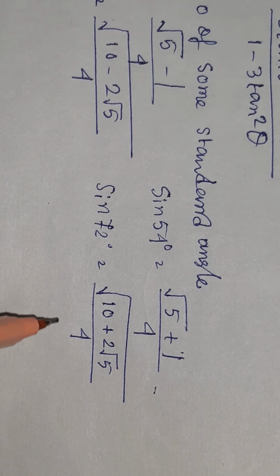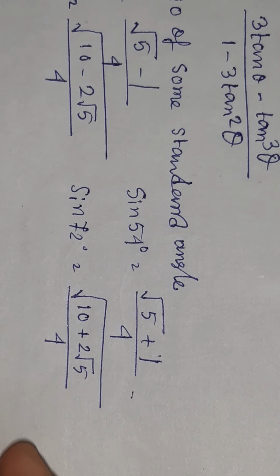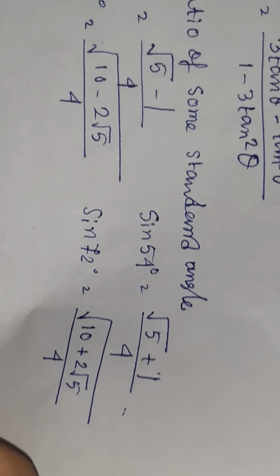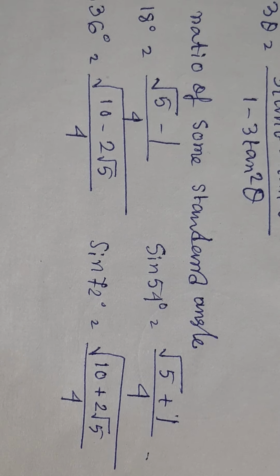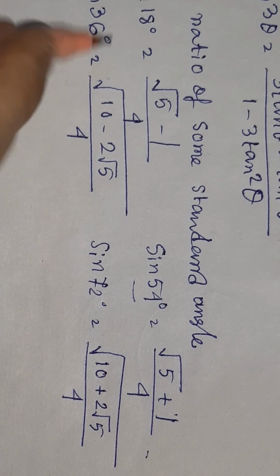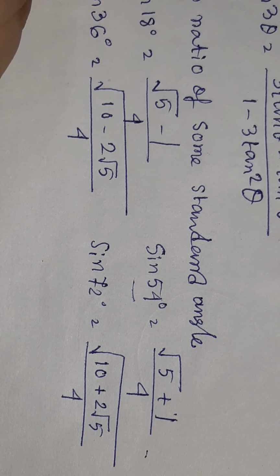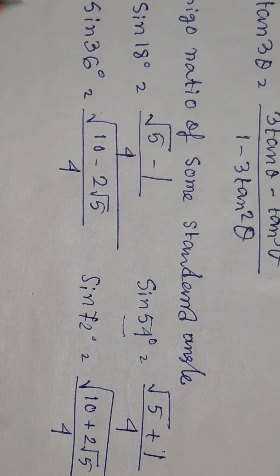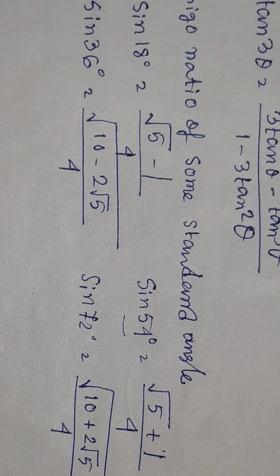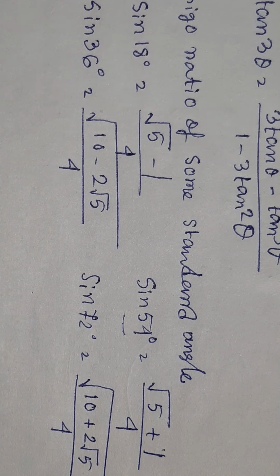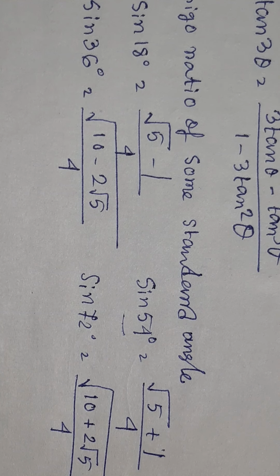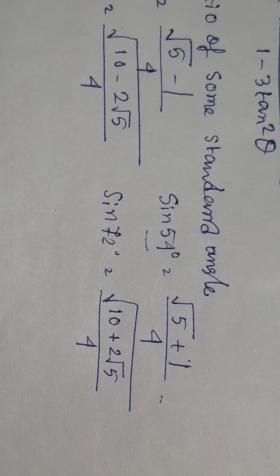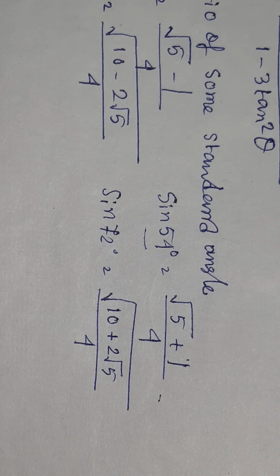So you can easily remember this. If you remember the 18 degree and 36 degree values, you can remember the 54 and 72 degree values. If we remember that sin 18 is root 5 minus 1 by 4, and sin 36 degree is root of 10 minus 2 root 5 by 4, then we can easily find sin 54 degree and sin 72 degree.